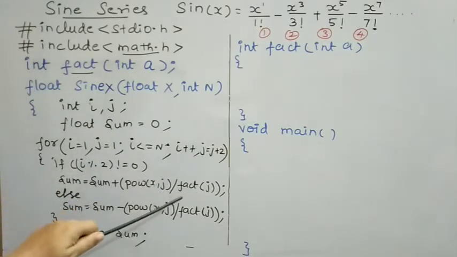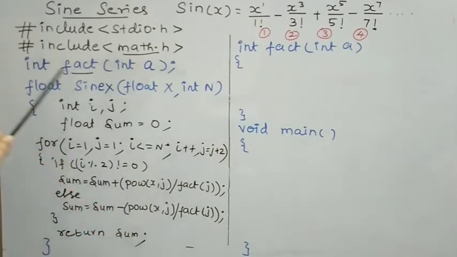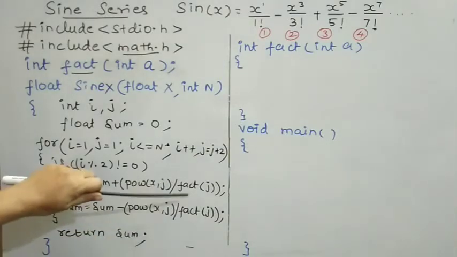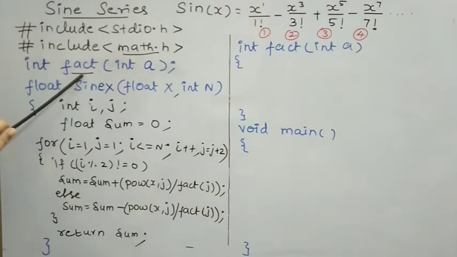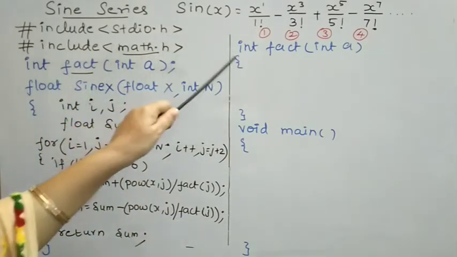See the function fact, it is used here. Before it is used, it is declared here. The definition is included later on, after completing this sin x function. So like a variable, if we use a function, before use it has to be declared first. Later on inside the program, I may include its definition.